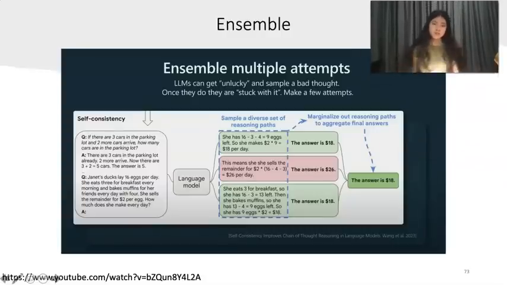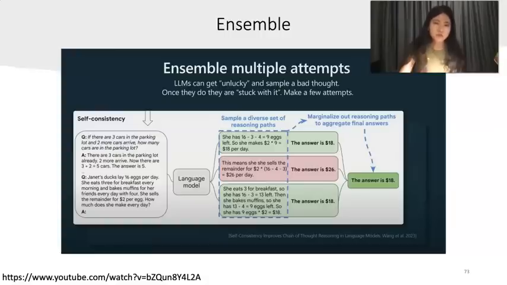Oh, and this is something interesting: ensemble. Since your model can get unlucky sometimes and sample a bad thought, for the same prompt you can do it multiple times. You can prompt with the same question multiple times. For example, here you prompted 3 times and you have 3 different answers.